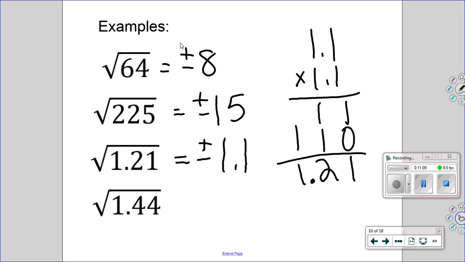Okay? So that's why the decimal point, there has to be one number after it. How about this one? The square root of 1.44, Sean? 1.2. Very good. 1.2. And you're going to find a pattern with these probably after tonight's homework. So that's one question we will definitely be asking tomorrow, is do you see some sort of pattern with the decimal?